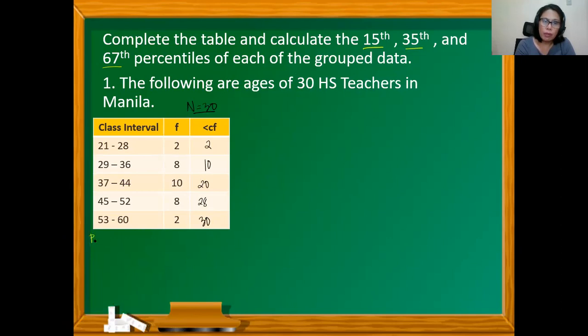So for the P sub 15 class, K equals 15. So we will multiply 15 by 30 all over 100, since working on percentile classes requires us to make use of this formula.